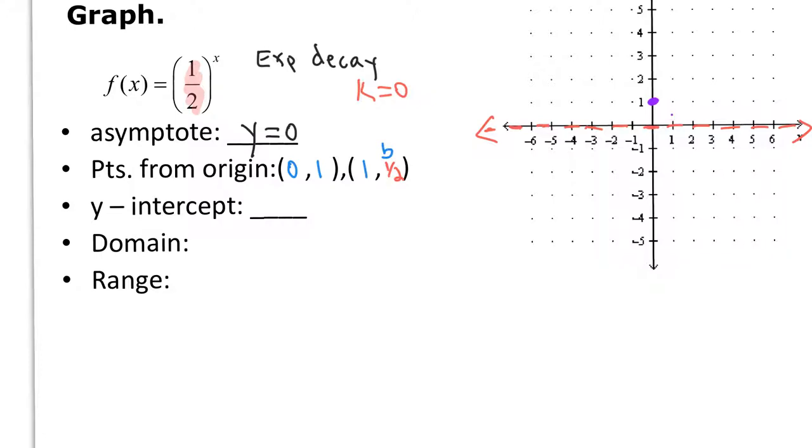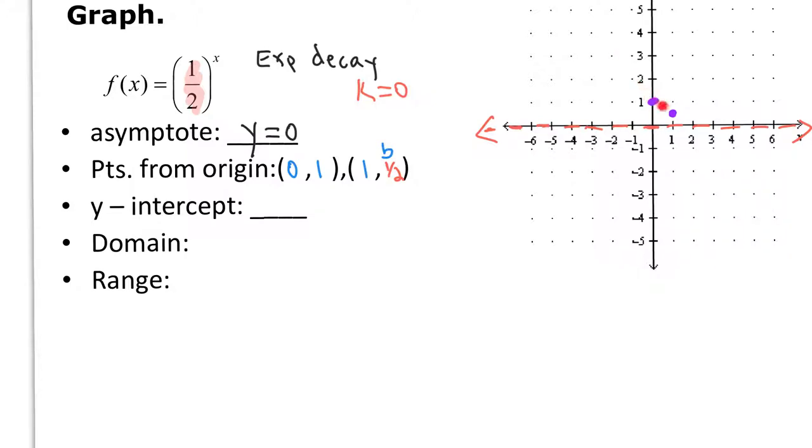So we have the second point, and remember this is exponential decay. So decay means you are going to decrease. So the way you do it, guys, you're going to start up here and decrease. Not a point, I'm going to start my graph. You can start kind of not too far away from the y-axis, but more or less right here, and then you go down, decrease because it's exponential decay.